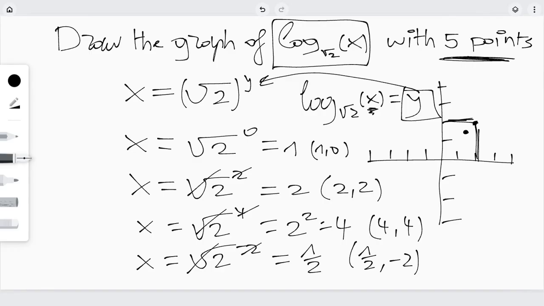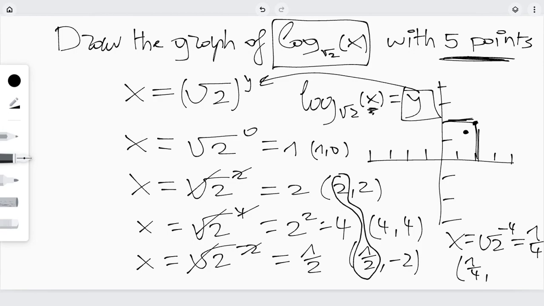You can also see that this is the same, except because it's a minus sign, it's the reverse. So when we say that x is equal to square root of 2 to negative 4, by symmetry, by analogy, this is 1/4. So we have the point (1/4, negative 4).